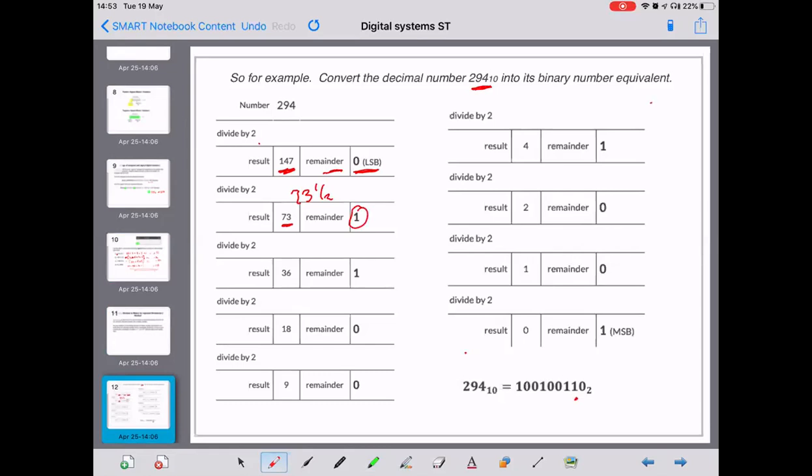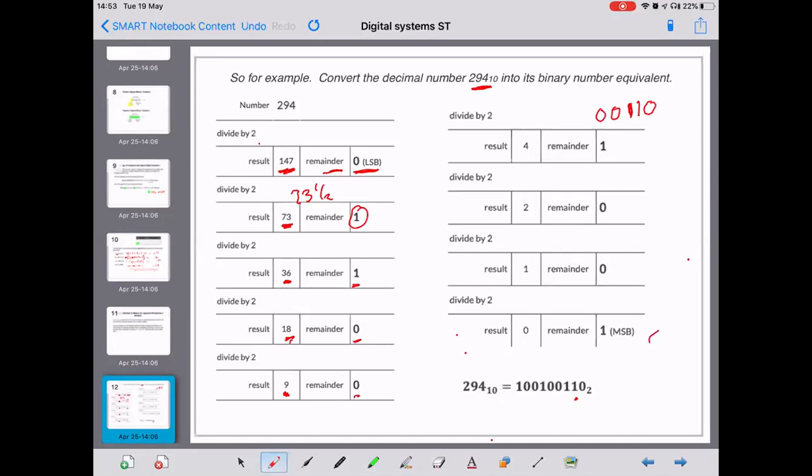So currently, working from left to right, we've got 01. Then we take the 73 and divide that by 2. It gives us 36, remainder 1. So we've got another 1 digit. Divide 36 by 2, we get 18, remainder 0. Then we divide 18 by 2 to get 9, again remainder 0.